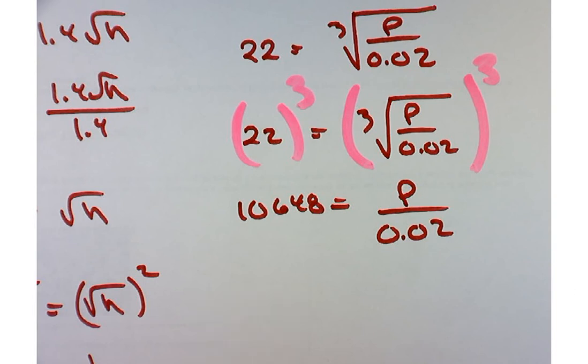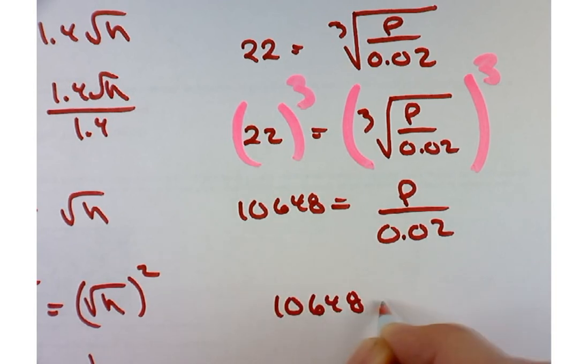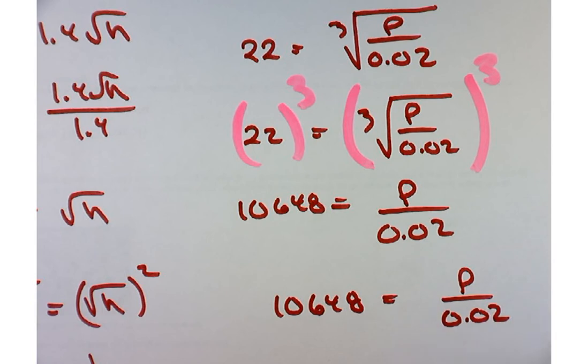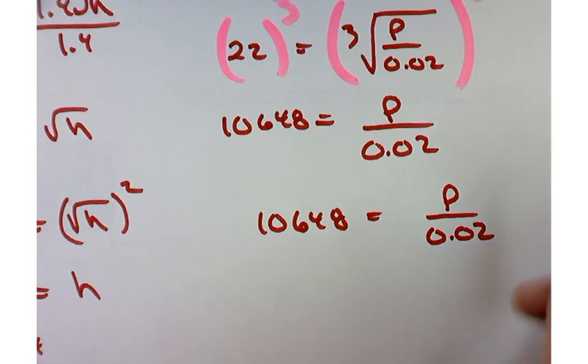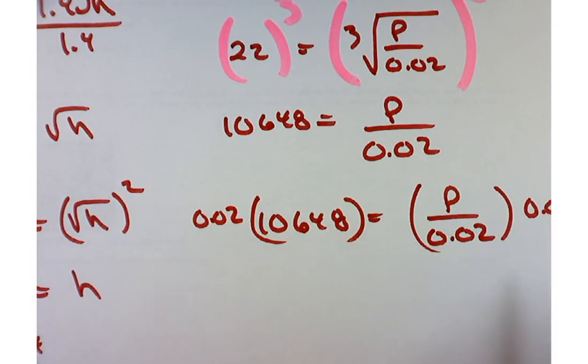What's the opposite of dividing by 0.02? Multiply by 0.02. So if we multiply by 0.02 on both sides, we should get an answer somewhere in the 2000s, I'm thinking. No, maybe even less than that. On the right-hand side, we get some nice cancellation.